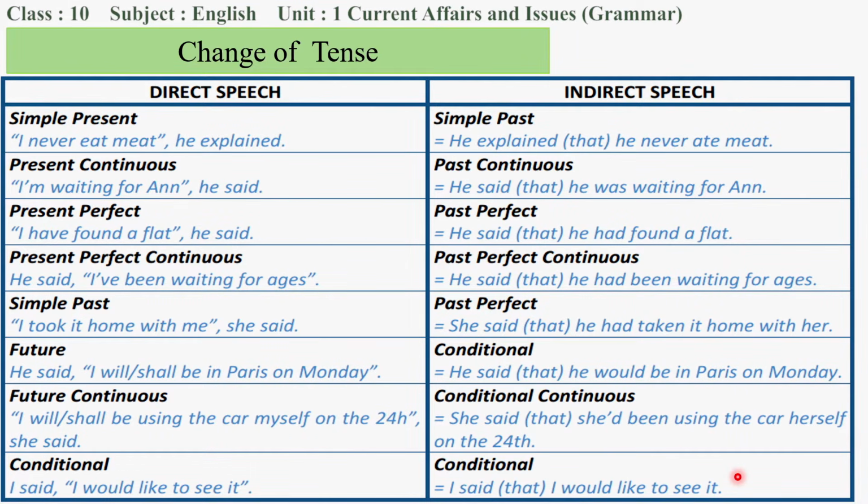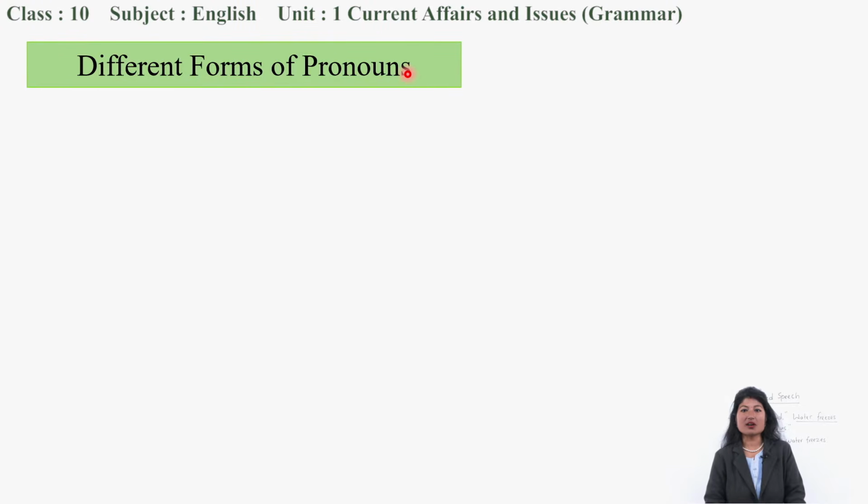Now, what is the second matter? What is the second topic we need to pay attention to? Yes, the second thing is pronouns. Can you tell me some pronouns? Come on, tell me some pronouns. Yes, I is a pronoun. Then he, she, you, they, it, good.